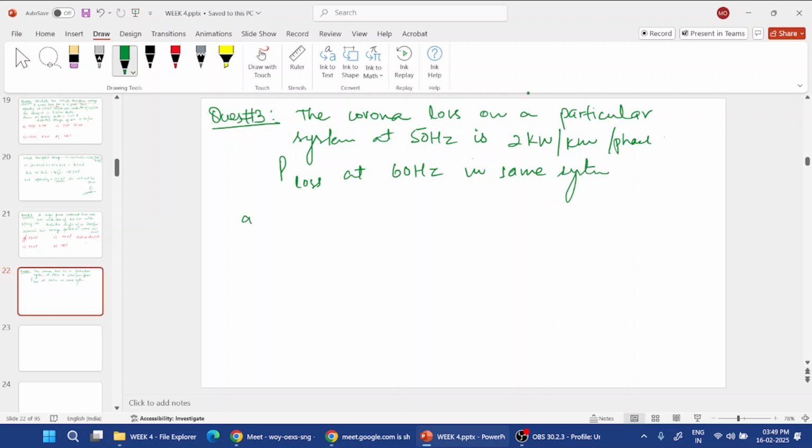Option A is 0.833, B 1.23, C 1.13, and D is 2.13. We have to calculate the answer, so give me in the chat box the correct answer.